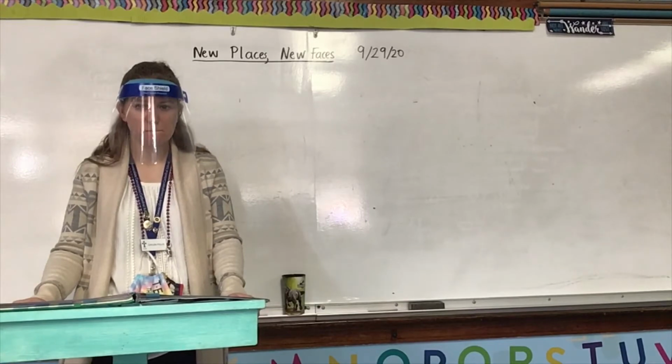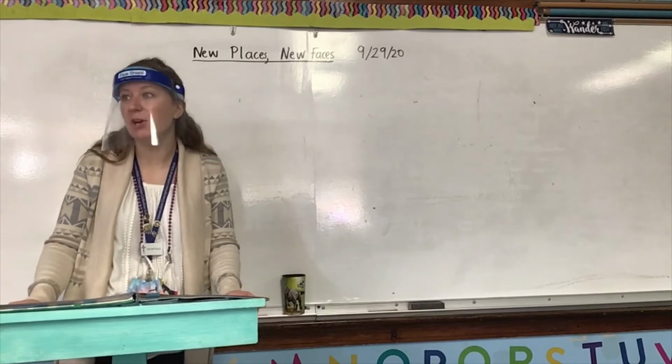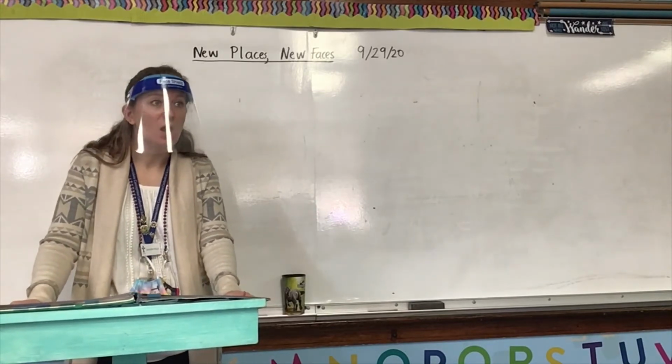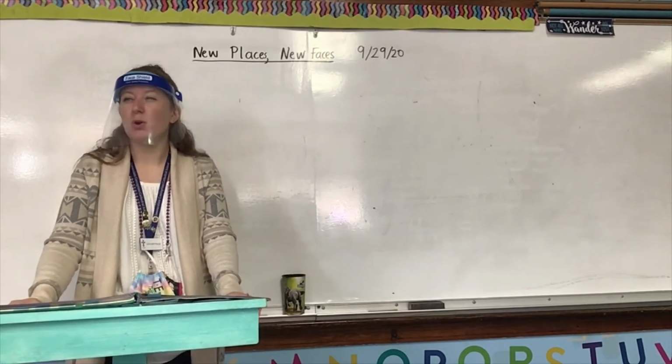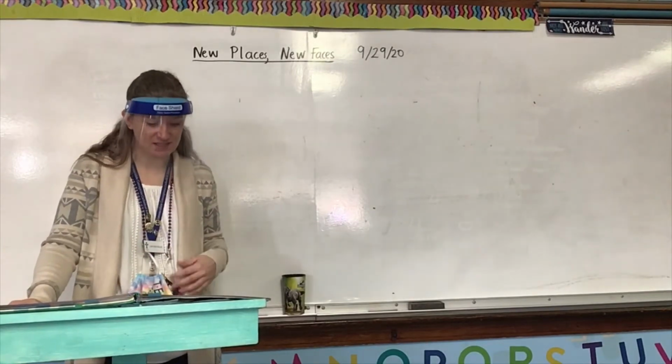We just made inferences. Very good. You just made inferences. That's what we're going to be focusing on this chapter. We've been making inferences this whole time, but we're really going to be focusing on making inferences today.